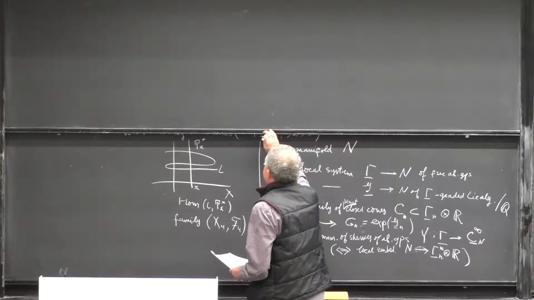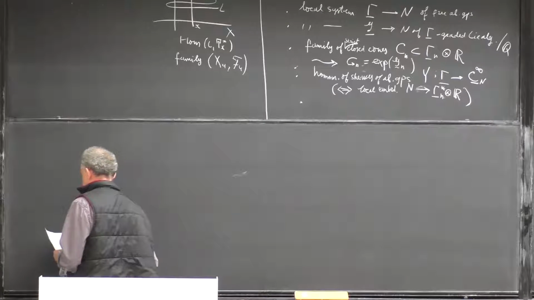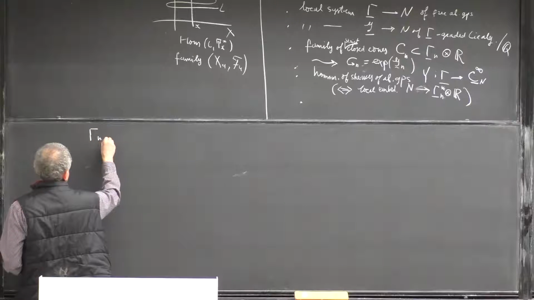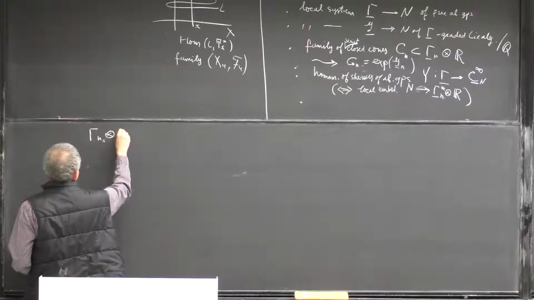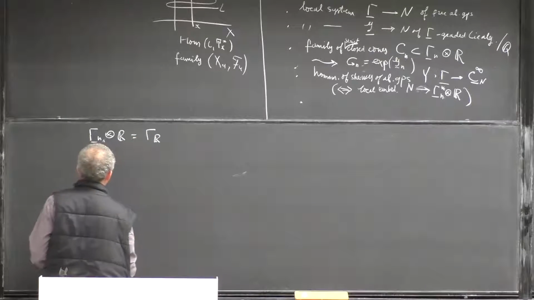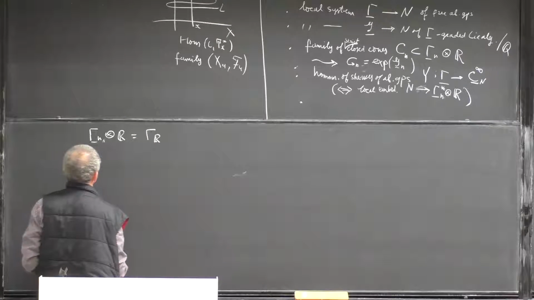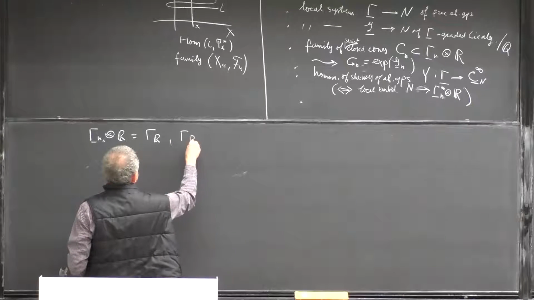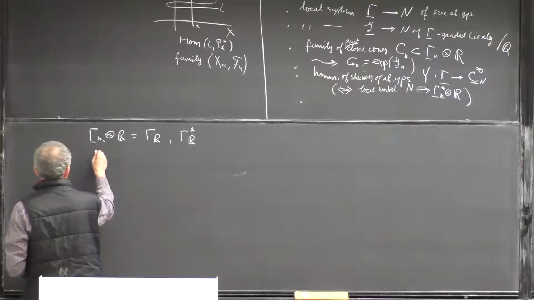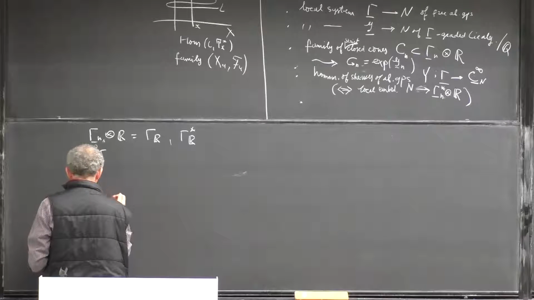Let me continue here. If we consider everything locally, let's think that we have just one lattice. So we have a lattice, we have a vector space, we have a dual vector space.